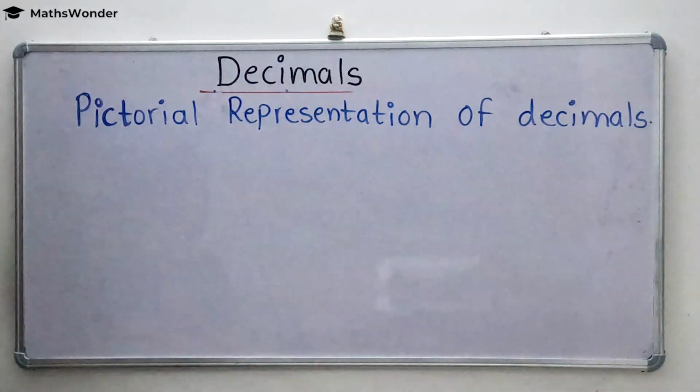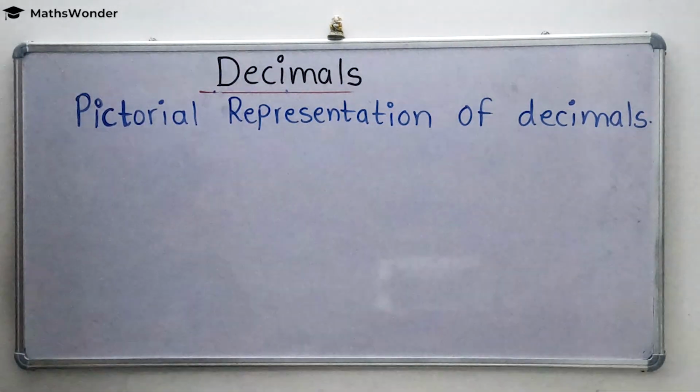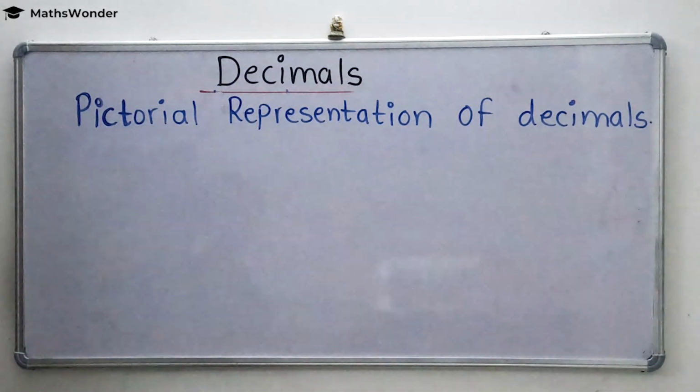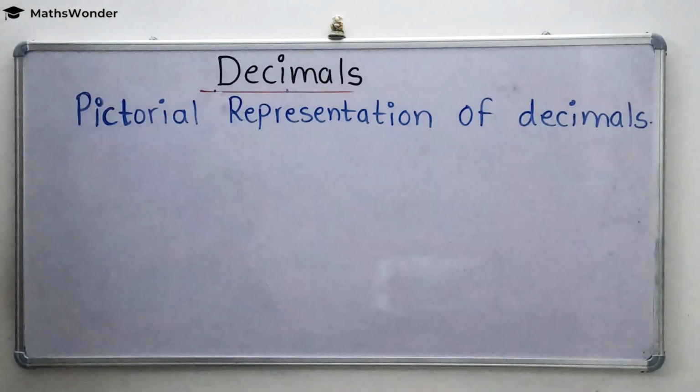Understood? Pictorial representation of decimals. As we learned the pictorial representation of fractions in the fraction topic, now you will learn to represent decimals through figures. So, consider a rectangle which is divided into 10 equal parts.